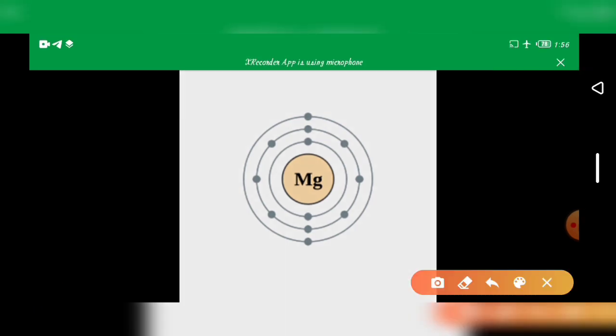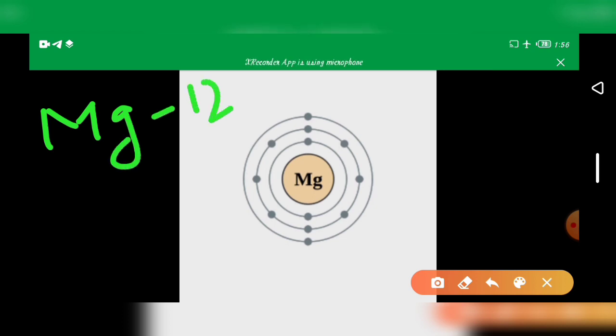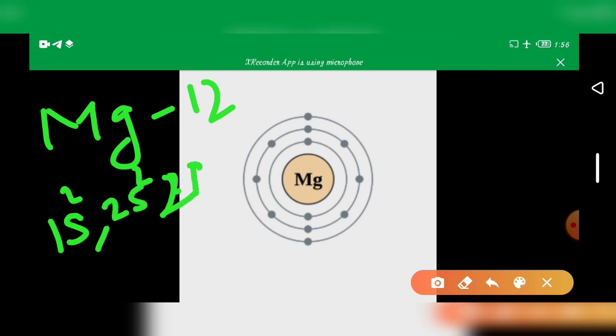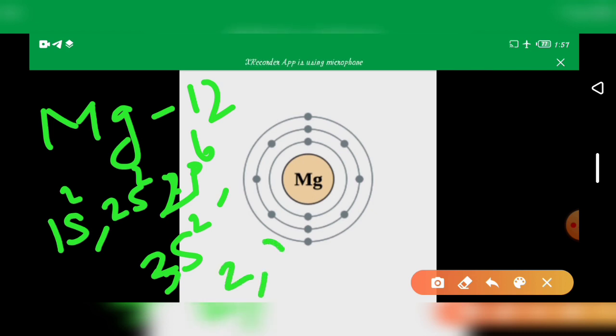How will you write it? 1s2, 2s2, 2p6, then 3s2. Like this only it will be coming. So 2, 8, 2. The outer cell contains 2 electrons.